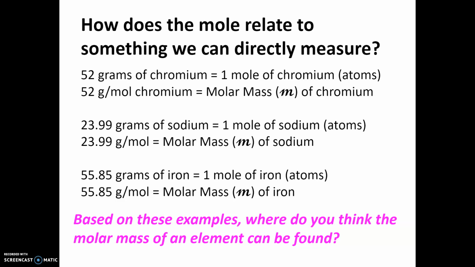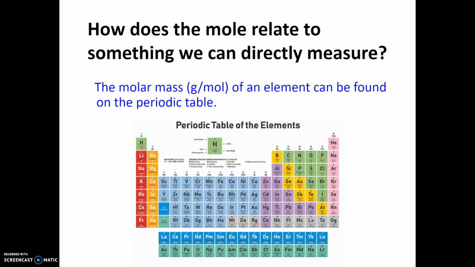So the periodic table has the weighted average atomic mass of an element, and because we defined a mole as being 6.022 times 10 to the 23rd atoms in the mass of an element, now we can say that the weighted average atomic mass is the molar mass.